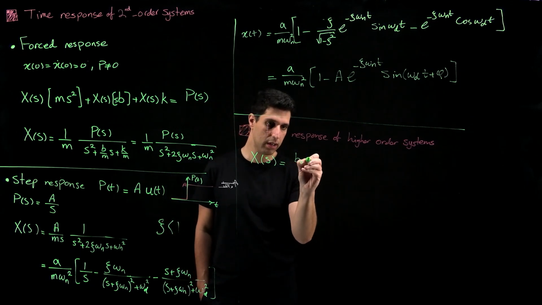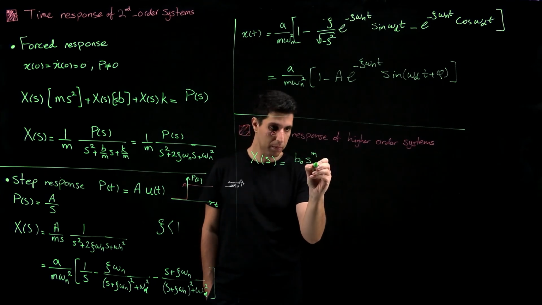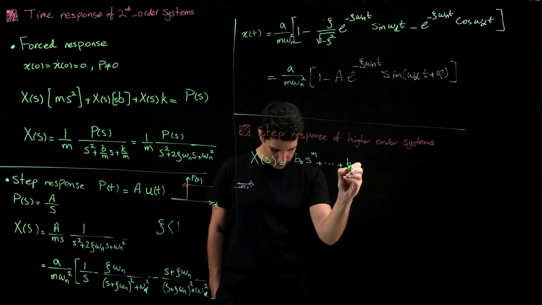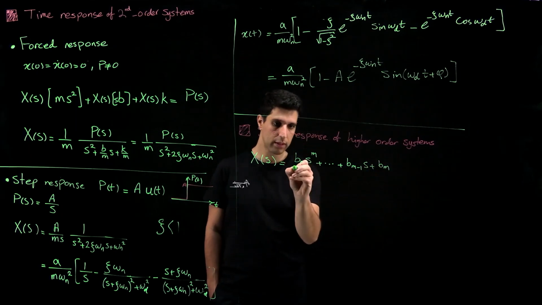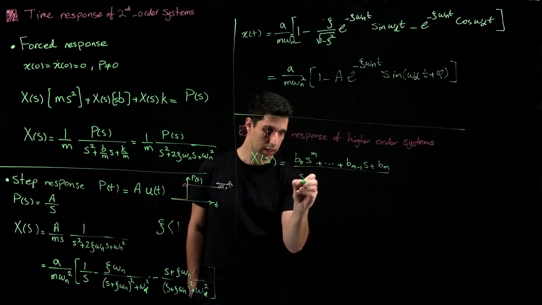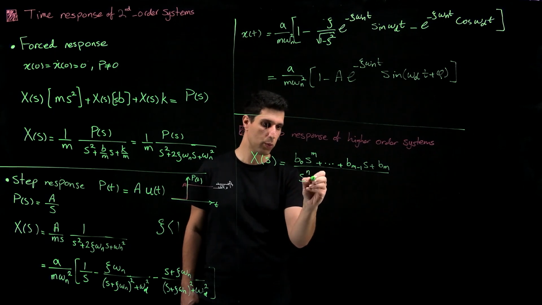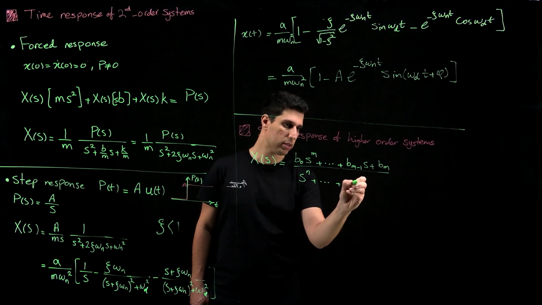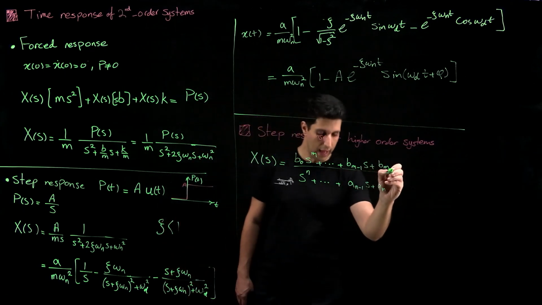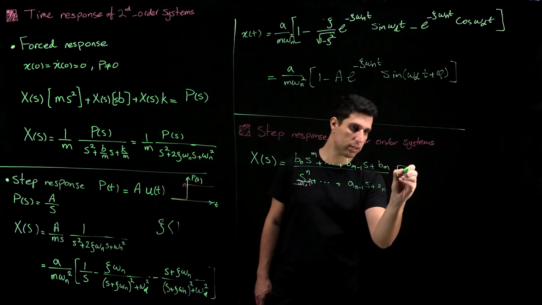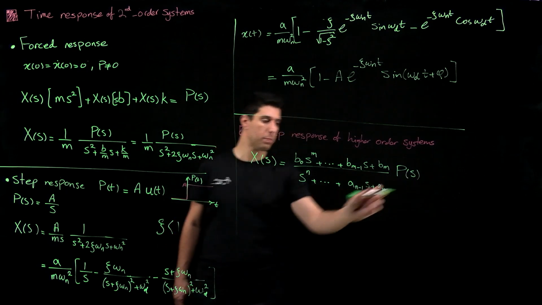So I'll have some b0 s to the power m plus all other terms down to b(m-1) s plus bm, divided by a similar polynomial of order n, and we usually have it with coefficient 1, plus a(n-1) s plus an, and it will have some forcing, and the response will also depend on the forcing term.